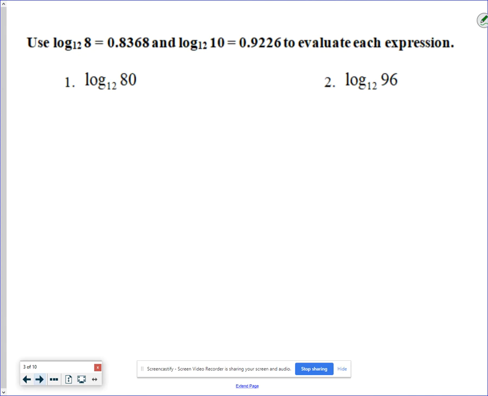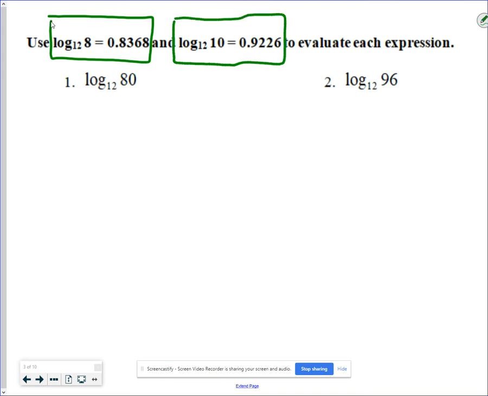All right, so it wants us to evaluate each expression. But in the directions, it tells us the log base 12 of 8 is 0.8368. And it also tells us the log base 12 of 10 is 0.9226. So it gives us these two.